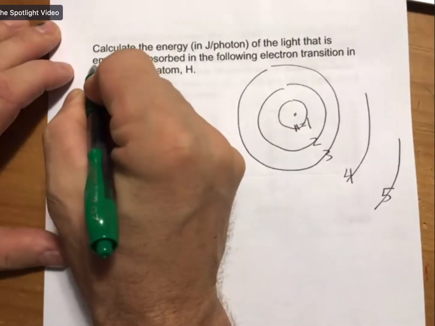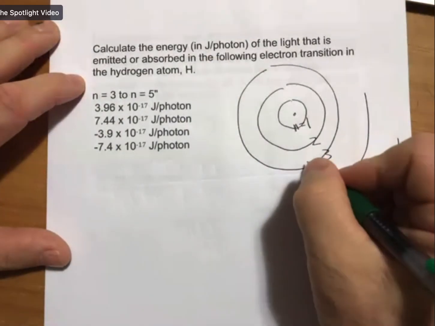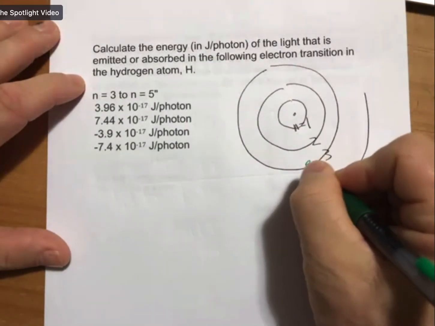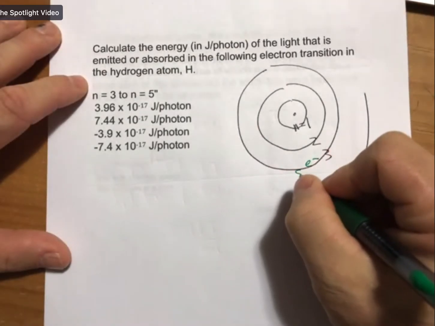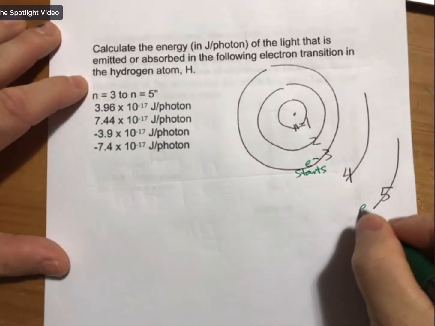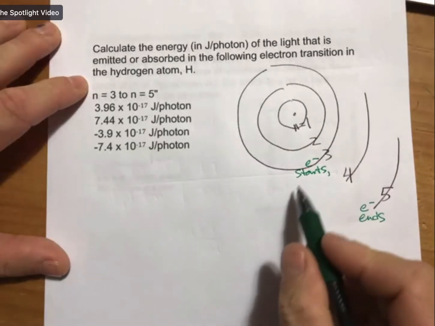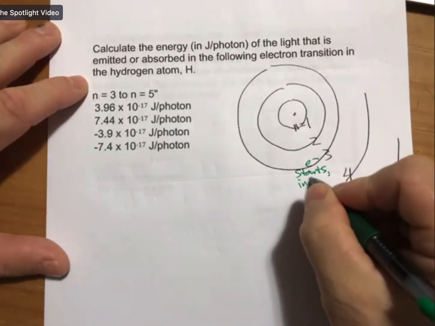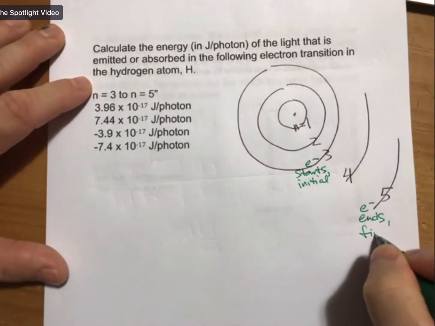Let's talk about whether it's emitted or absorbed. So the electron in this case starts at n equals 3, and then ends in n equals 5. And what we said was that the starting point was the initial point, and the end point was the final point.